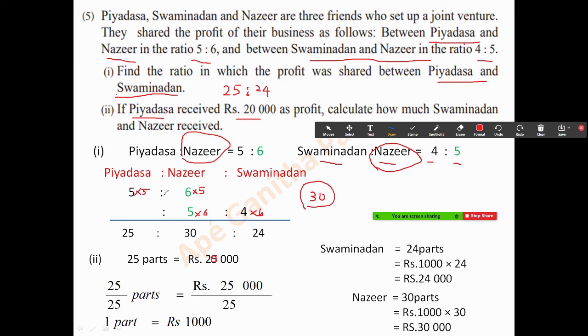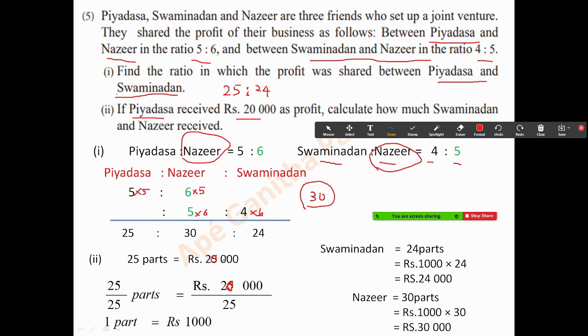So 25 parts equal 20,000. Then how to find 1 part? 25 parts equal to 20,000. Now to get 1 part, you can divide both sides by 25.